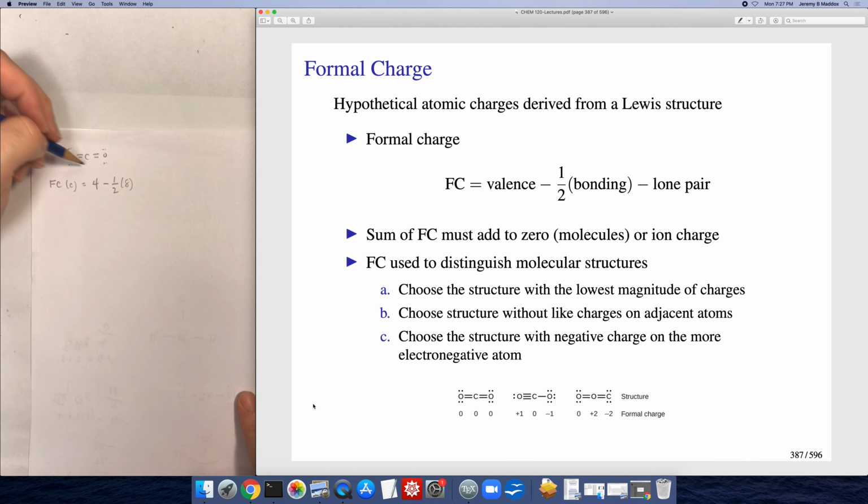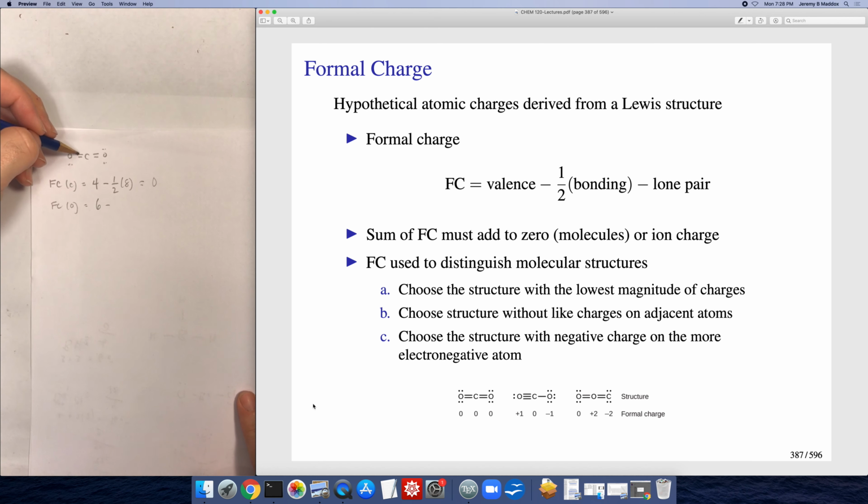And then there are no lone pair electrons on carbon, and so there's nothing more to subtract from there. We get 0 for carbon. And the formal charges on the oxygens are going to be the same because they have the same electron dot structure around each oxygen atom. So each oxygen atom contributes 6 electrons.